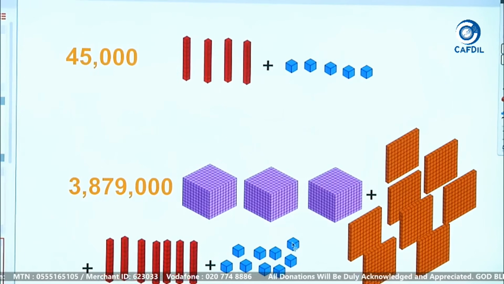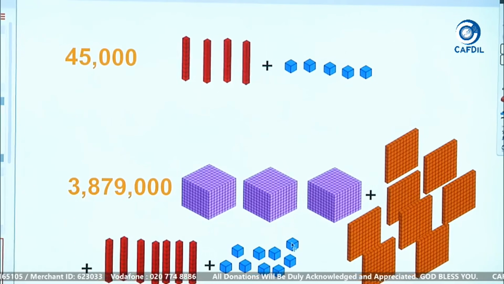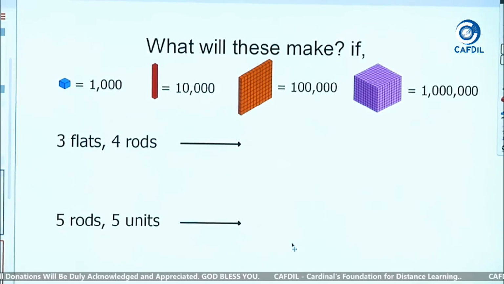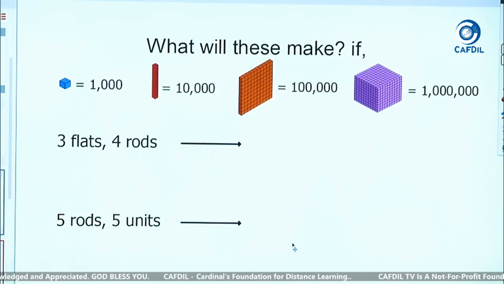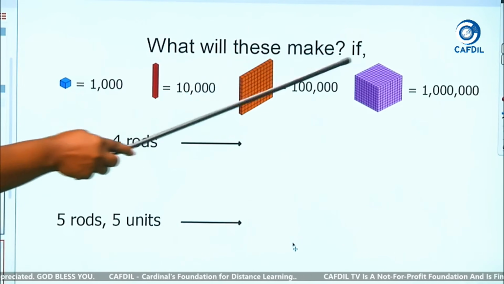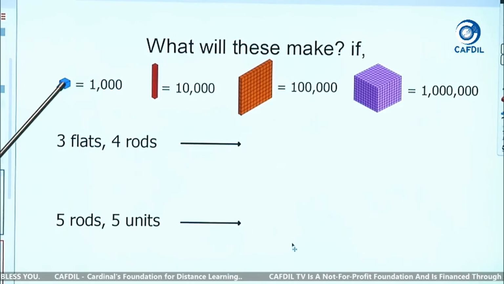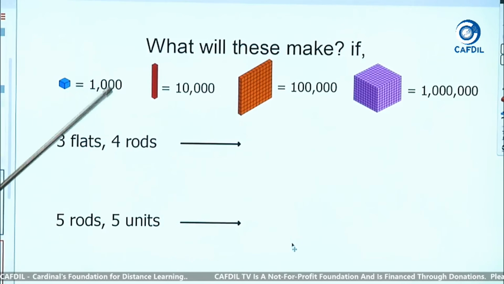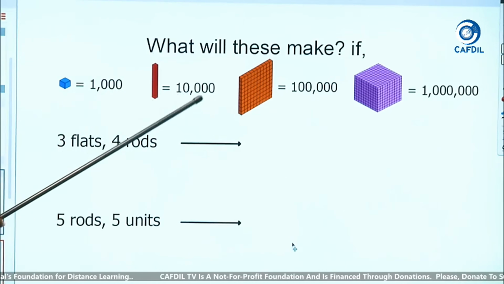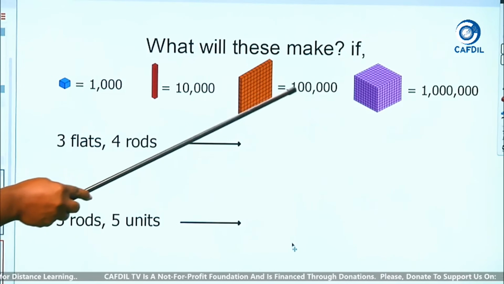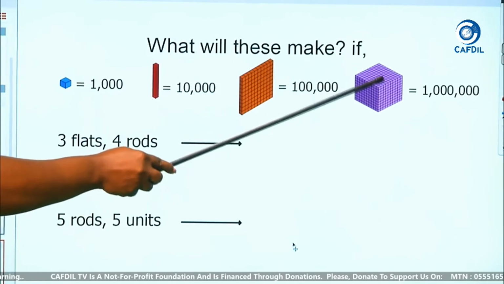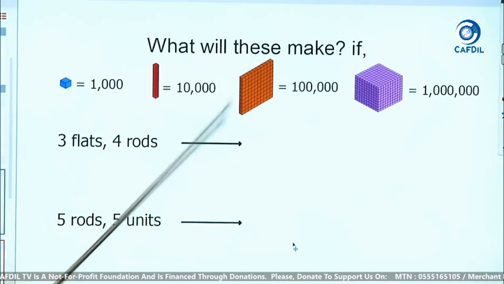You have done well. Now let's move to the second part of this lesson. What will these make? We know the units is 1,000, rod is 10,000, flats 100,000, and then the block is 1 million.